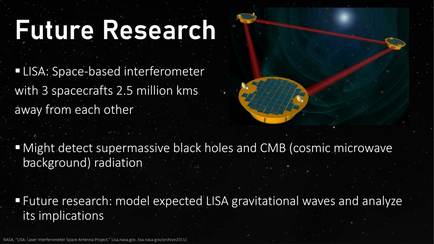Modeling these expected signals and analyzing their implications could give us a deeper insight into the early universe and how it formed. And this shows us just how much more there is for us to explore in gravitational wave research.